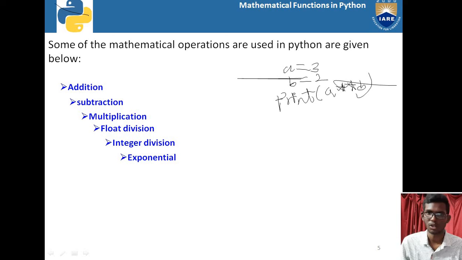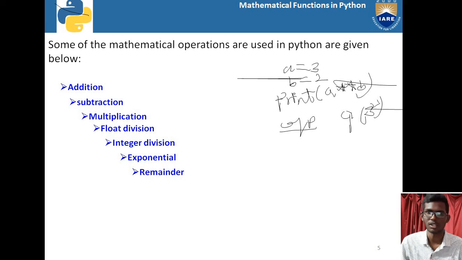Now we get the output as 9. 3 squared equal to 9. Now we go to another operand, remainder.